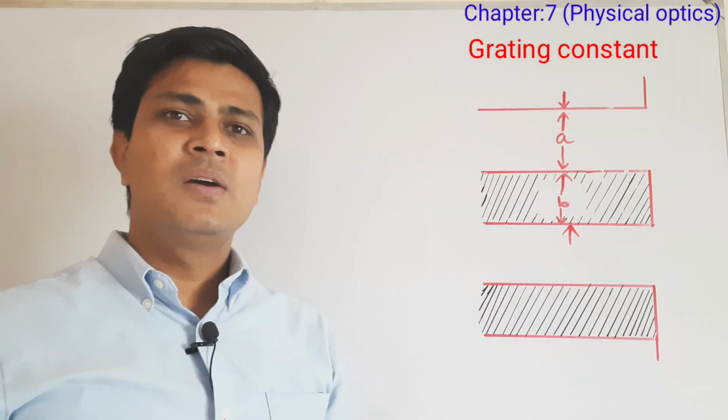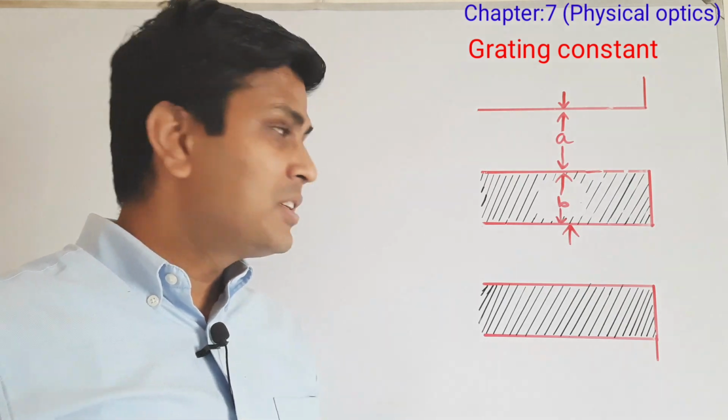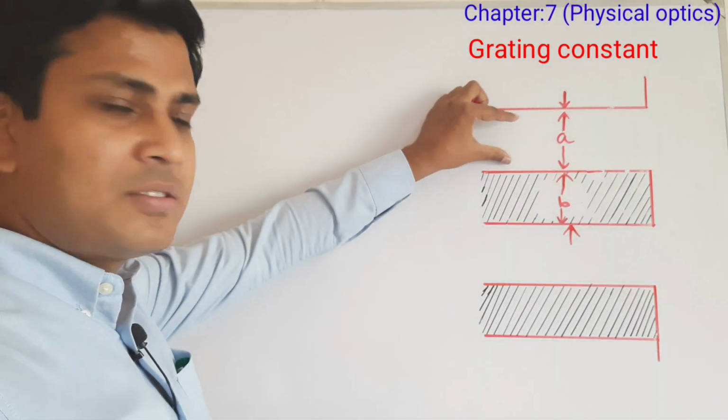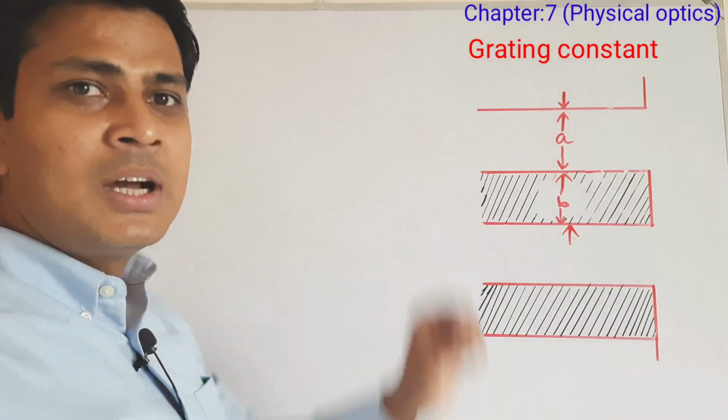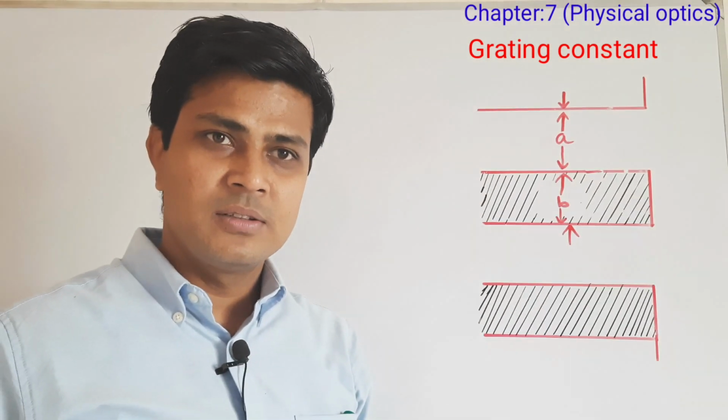In other words, we can say the sum of the width of the slit and the width of the line is called the grating constant.